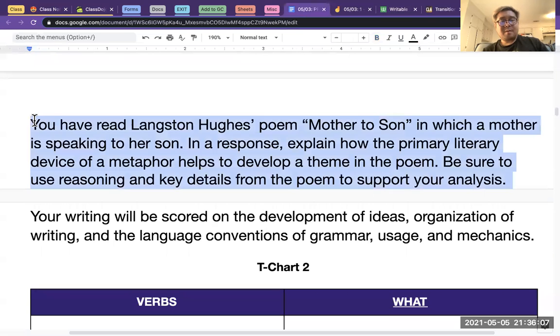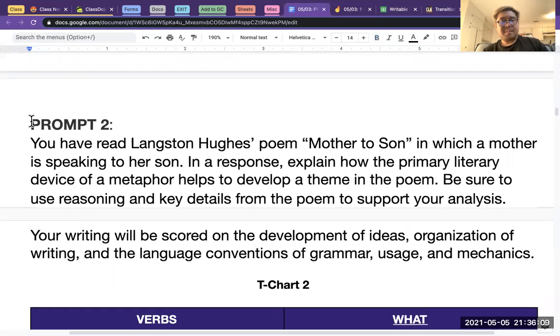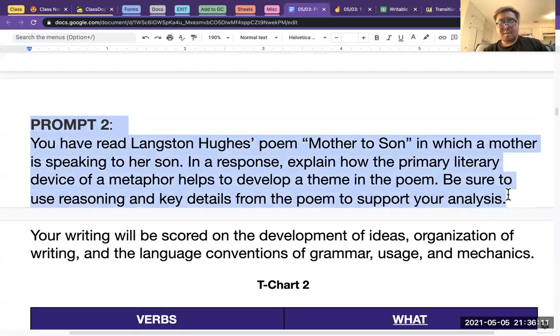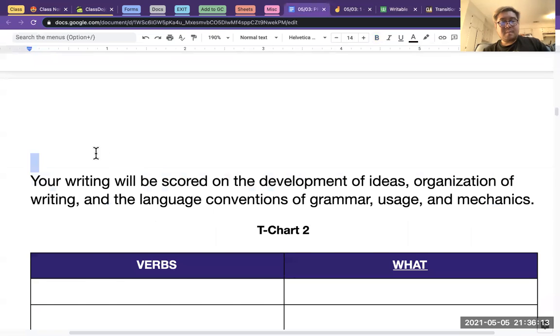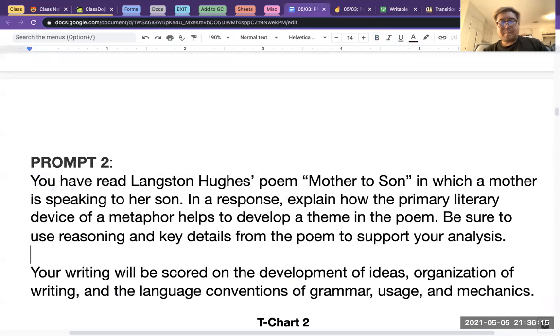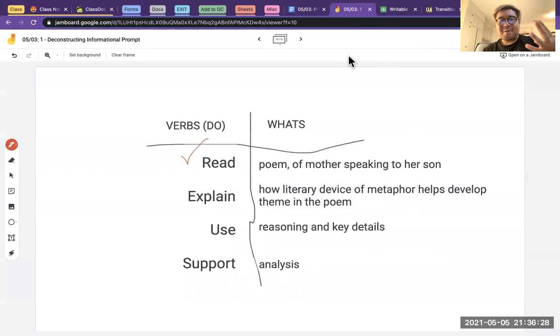What? Oh, I know, okay. Excuse me, let me figure this out. There we go. Okay, we read the prompt at least 2 times. We annotated by circling the verbs and underlining the whats. And then we made a T-chart. Look at our beautiful T-chart.